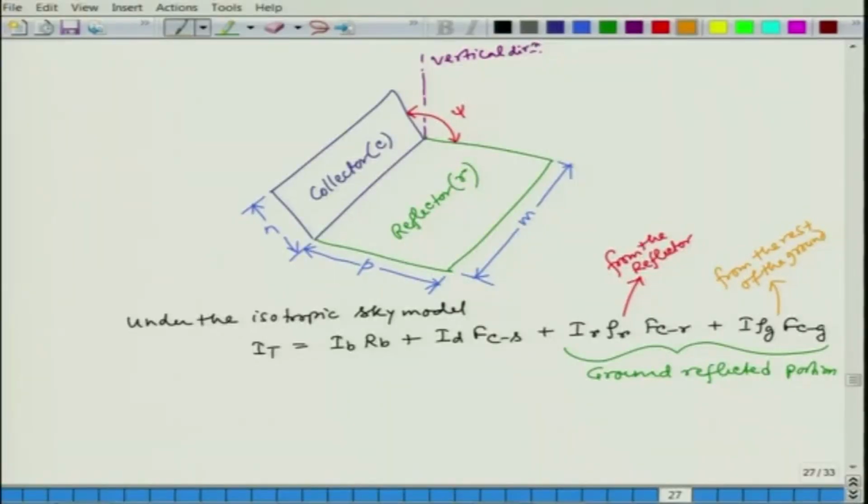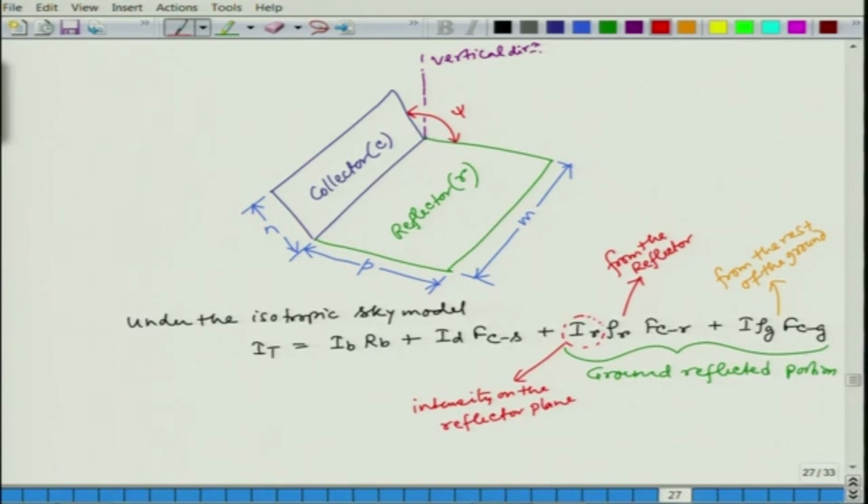Okay. And here you see that IR here is the intensity on the reflector plane, okay, that you have to estimate first, right.